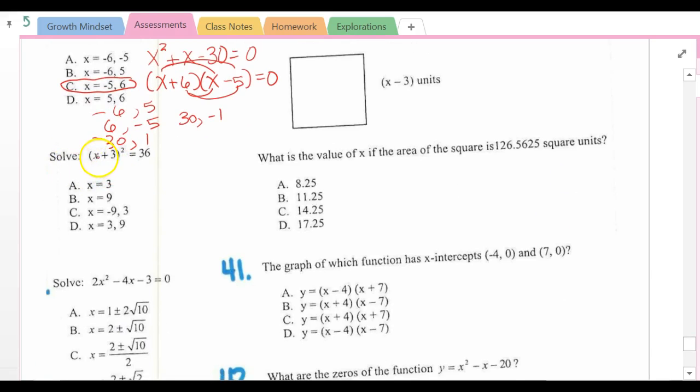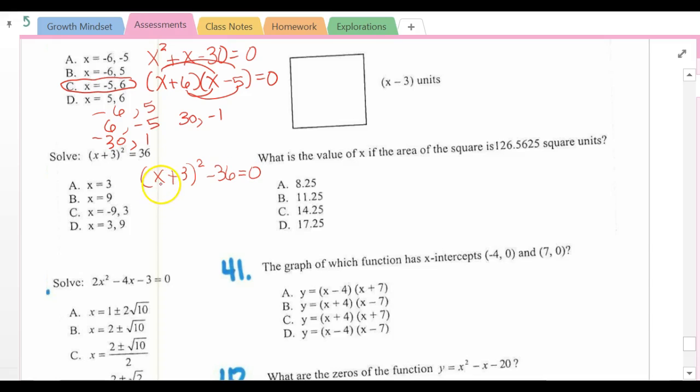To solve the quantity x plus 3 squared equals 36, I could do a couple of things. First of all, I want to subtract 36 over here to the left side because I always want my quadratic to equal 0.